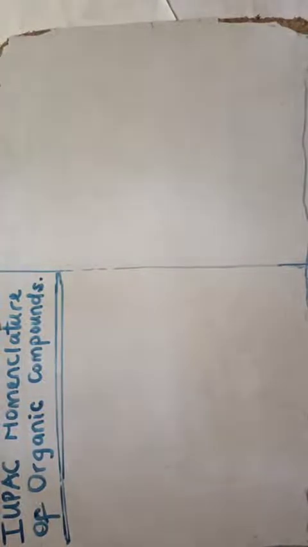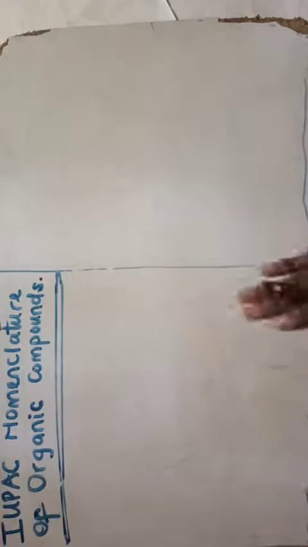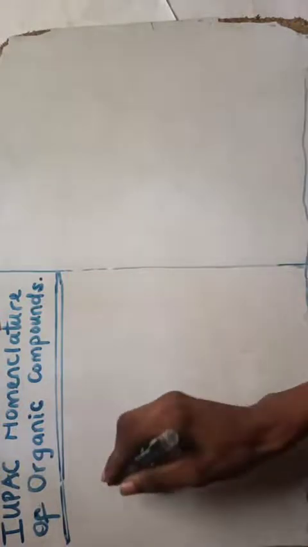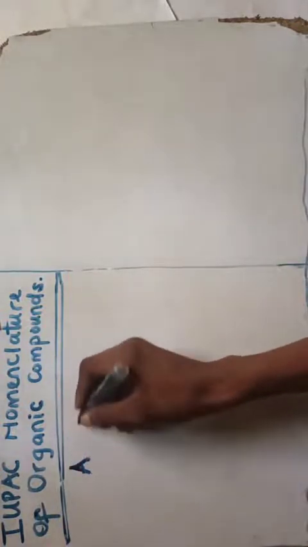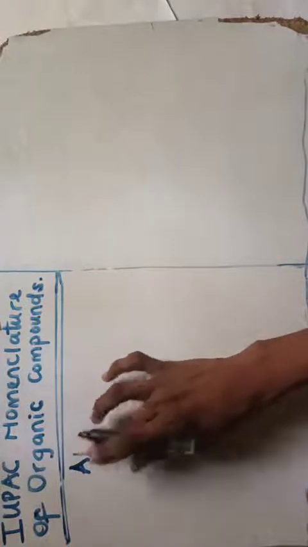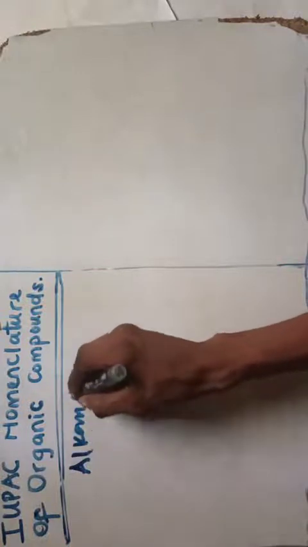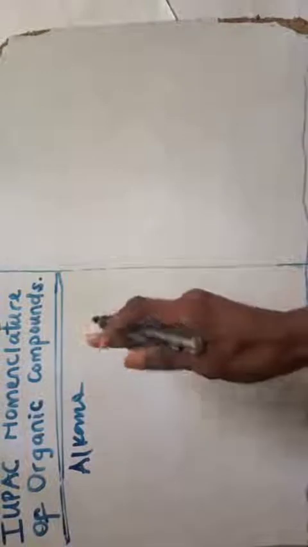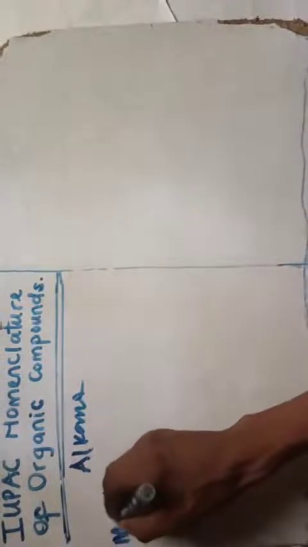Let's see this. The first 10 series of the alkane family: first is alkane, and here you have methane.